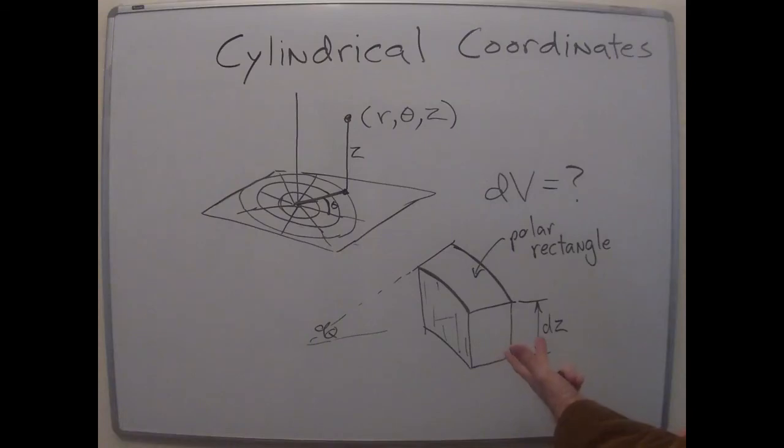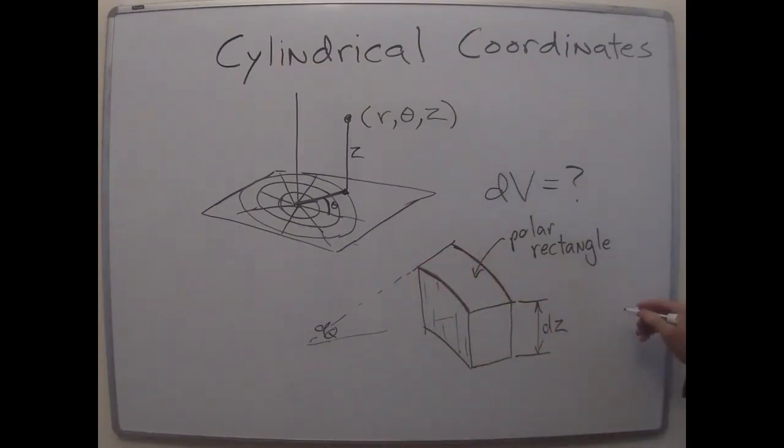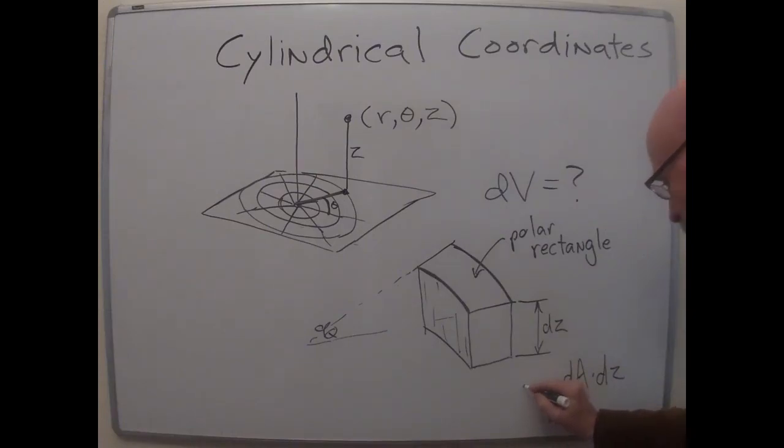So what's its volume? Well, you know what the area of that polar rectangle is. The differential area times a dz is what gives you the differential volume. And we already know what the differential area is. In polar coordinates, it's r dr d theta.